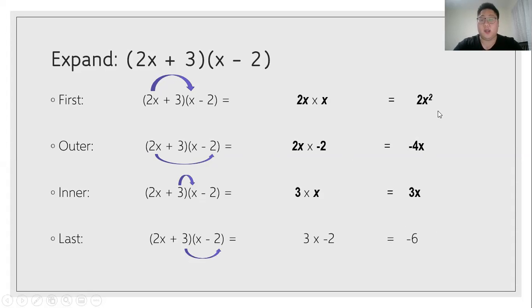So we are now again going to rewrite this horizontally, noting that it is positive 2x squared minus 4x plus 3x and minus 6. So 2x squared minus 4x plus 3x minus 6. So that's the expression again.